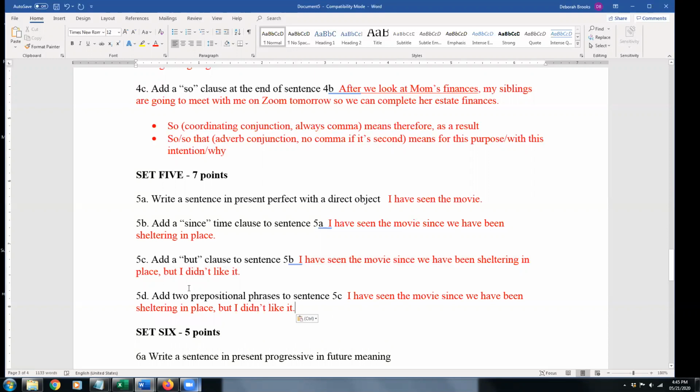Now I need to add two prepositional phrases. I've seen the movie on Netflix since we have been sheltering in place at home, but I didn't like it. So I'm adding two prepositional phrases. And some of you had a lot of prepositional phrases already, but you didn't add two.